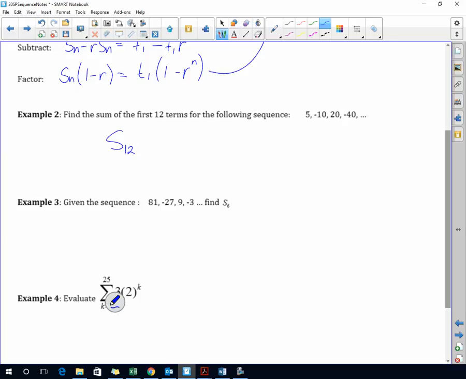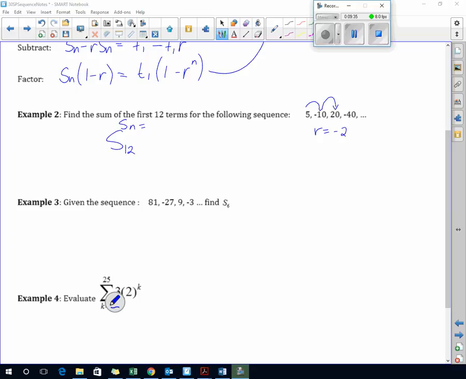It's an r. Well, that should be the clue that you can't use a formula that doesn't have an r in it, right? So we're using the formula Sn, and actually, I'm going to put the formula on the board here. So, Sn equals T1, 1 minus r to the power n over 1 minus r.